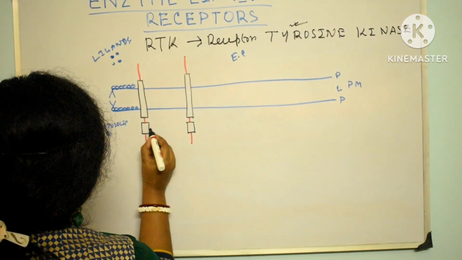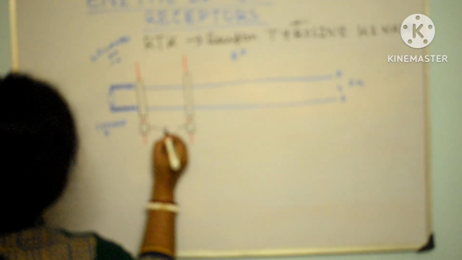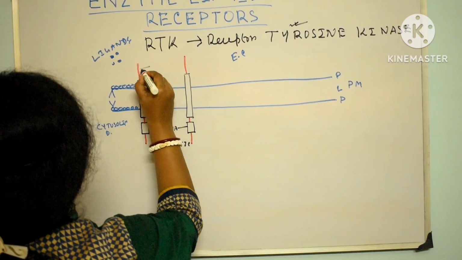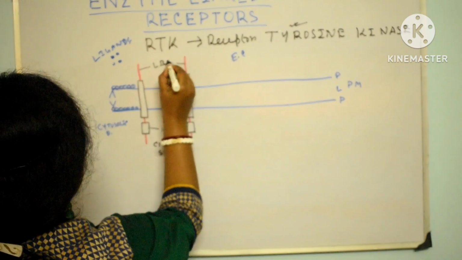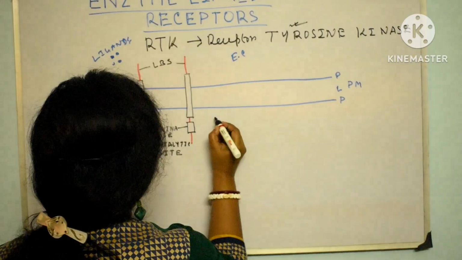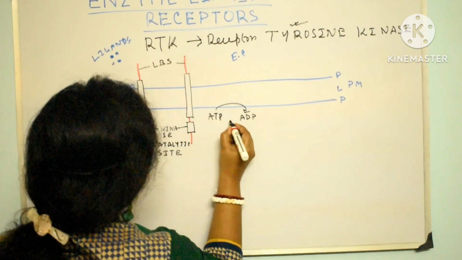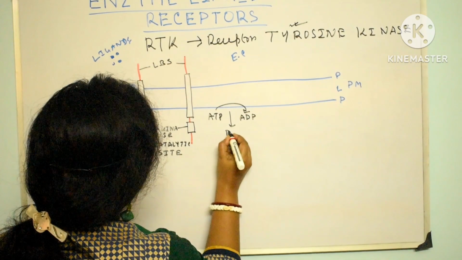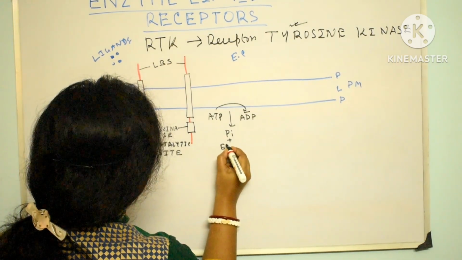Both of these have the kinase catalytic site, this one and this one, and this is the ligand binding site, the ligand binding domain. ATP to ADP, release of one single phosphate plus energy.